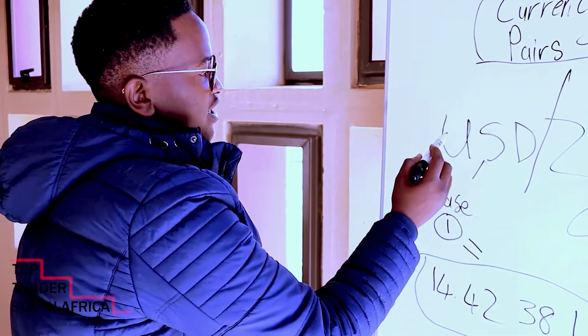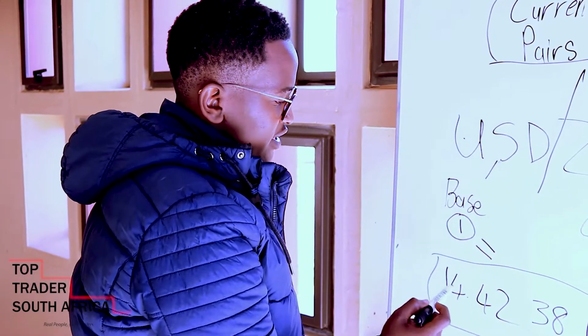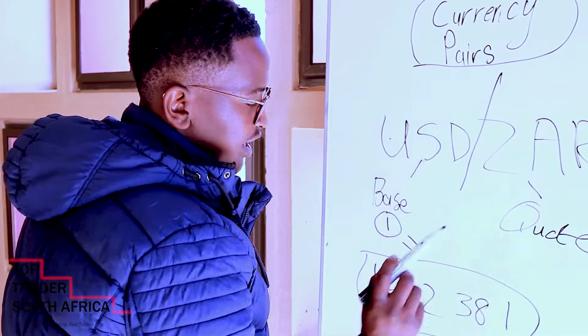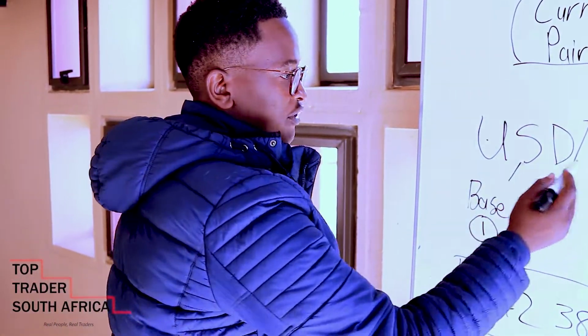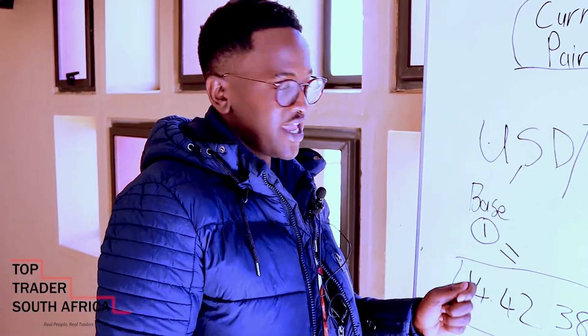It's showing us currently that $1 equals 14.42381 rands. So if I have $1, this is how many rands I have.